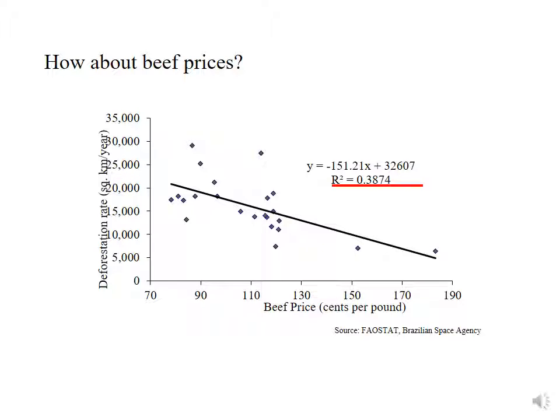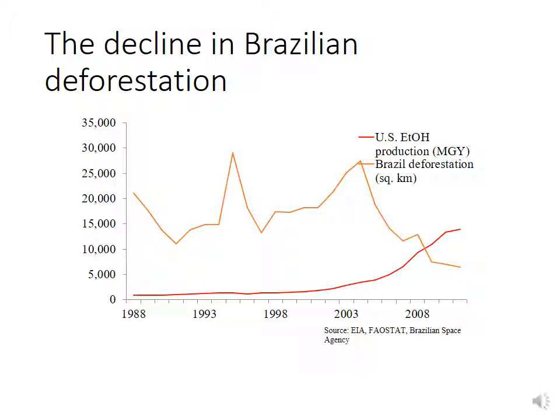Similarly, an increase in the price of beef and meat appears to have a negative trend relative to the deforestation rate. Obviously, we're not saying that increasing the price of beef is going to decrease deforestation, but certainly the opposite doesn't appear to be the case.